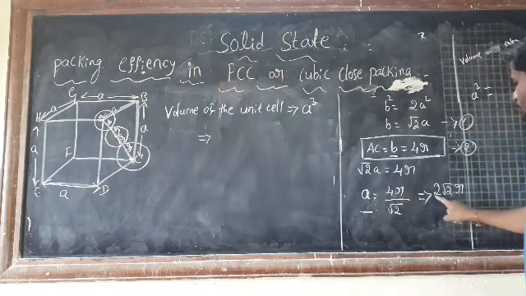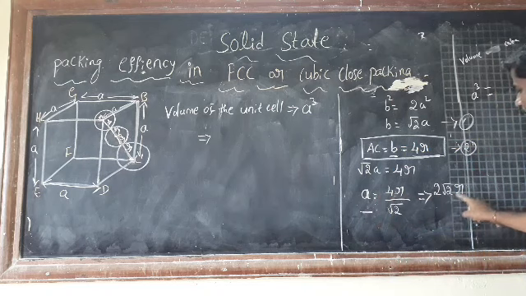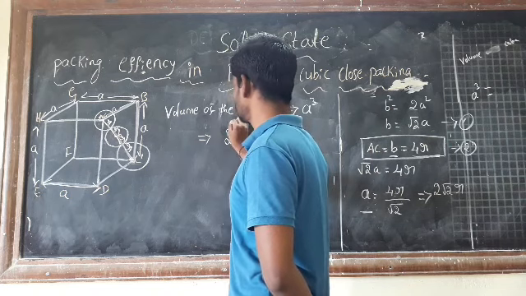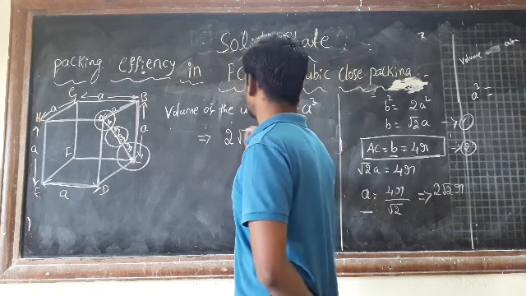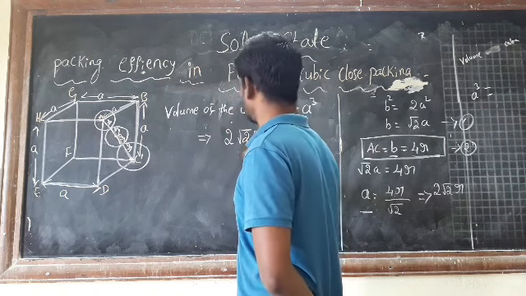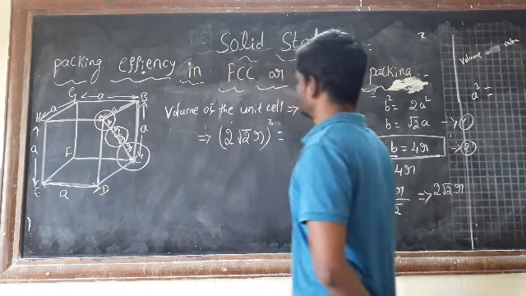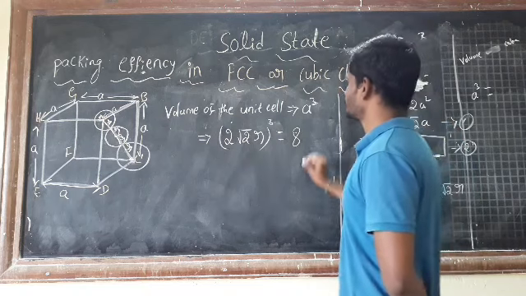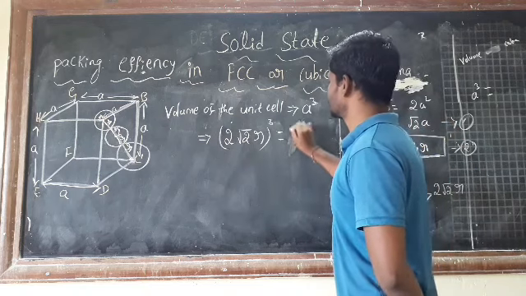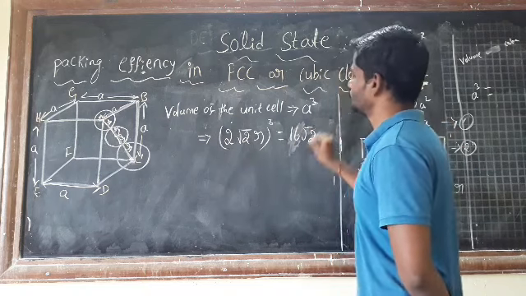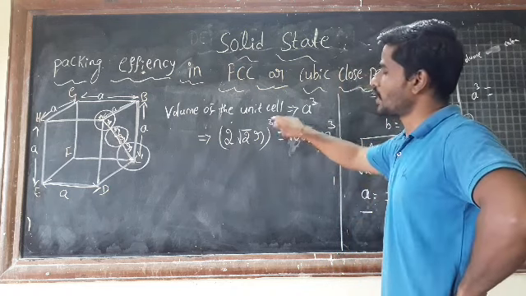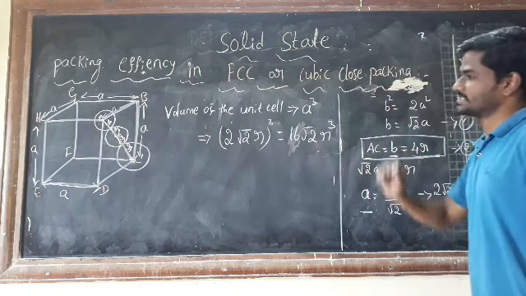A is equal to 2 into square root 2 into R, so A cube is equal to 2 into square root of 2 into R, whole cube. So this is equal to 16 root 2 into R cube. This gives the volume of the unit cell.